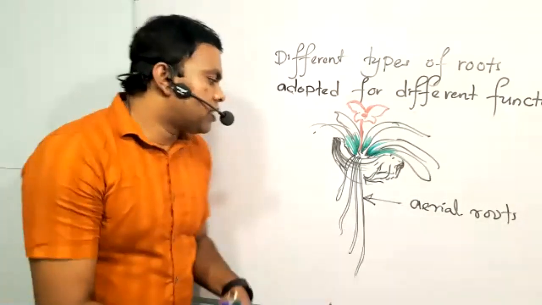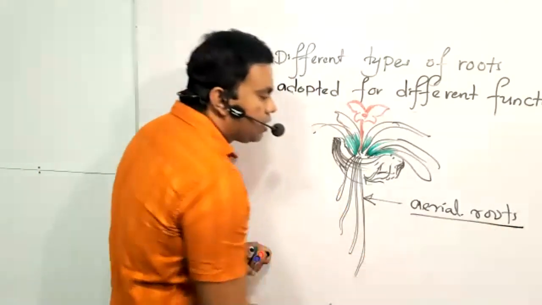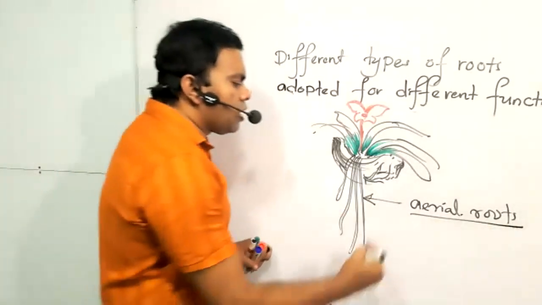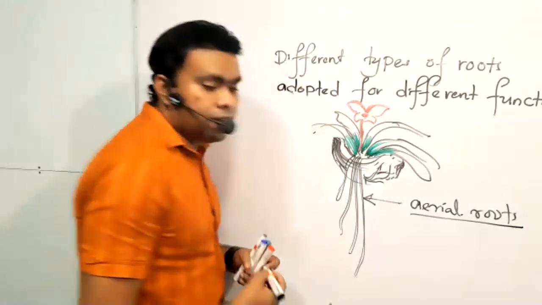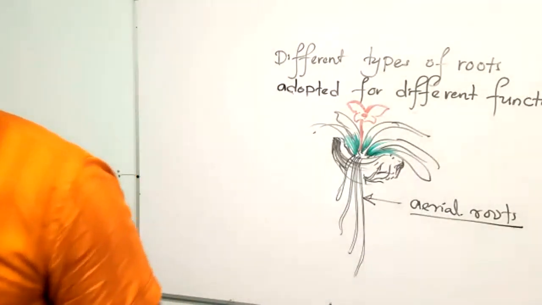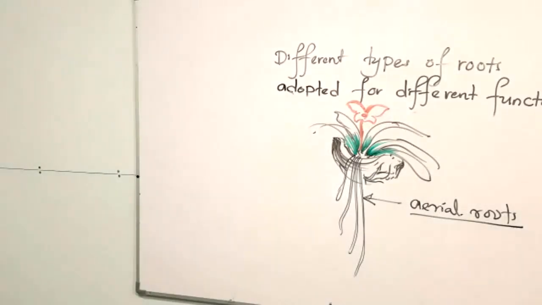Okay, so let's take down the note here. Aerial roots. Aerial roots are used to absorb water vapor from the atmosphere.